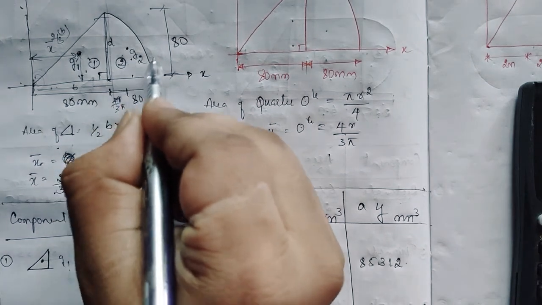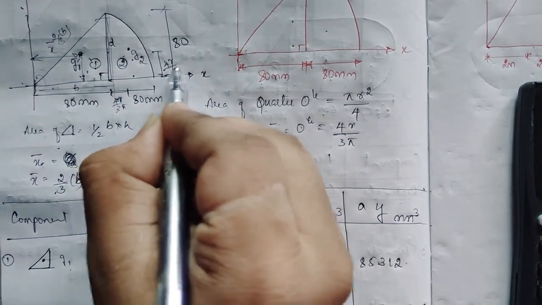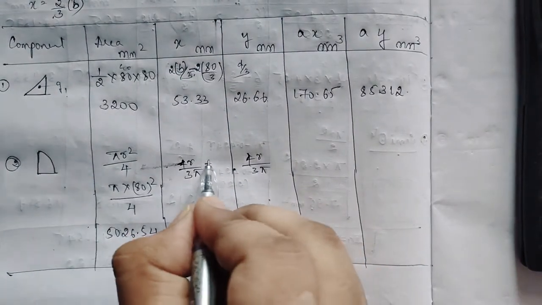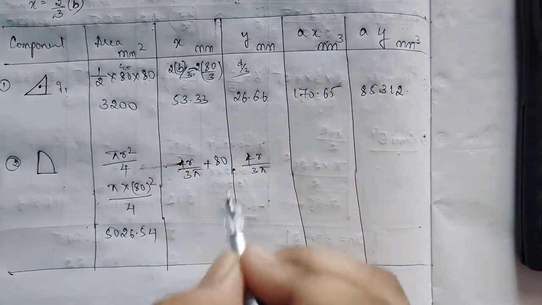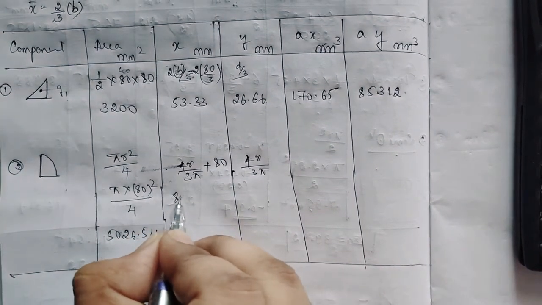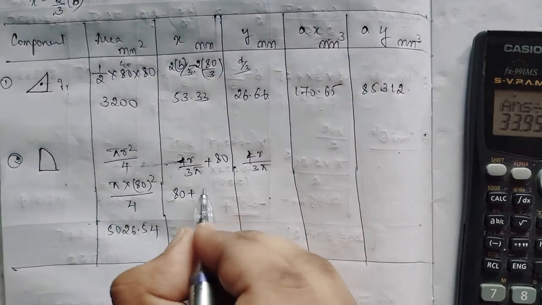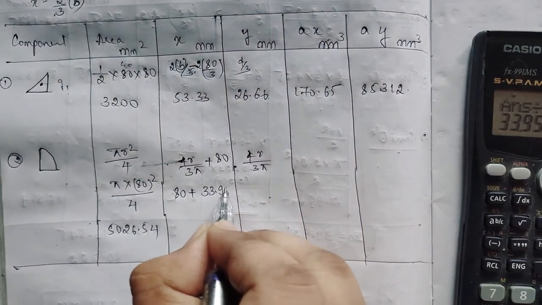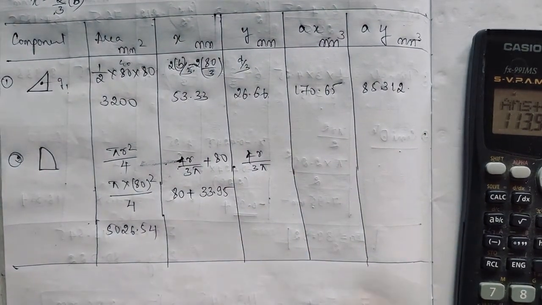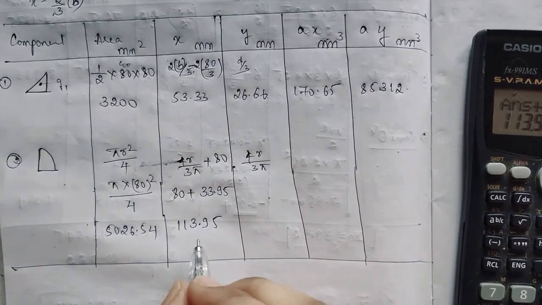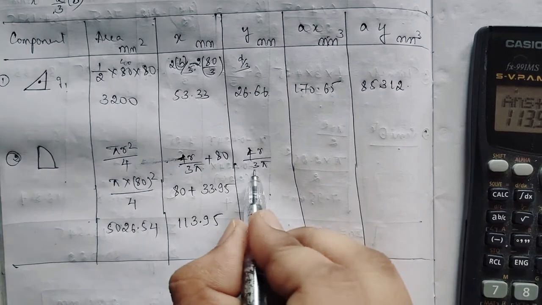For the y distance it is directly 4r by 3 pi. So 4r by 3 pi is 33.95, plus 80 would be 113.95. And what about this y? This is directly 33.95.